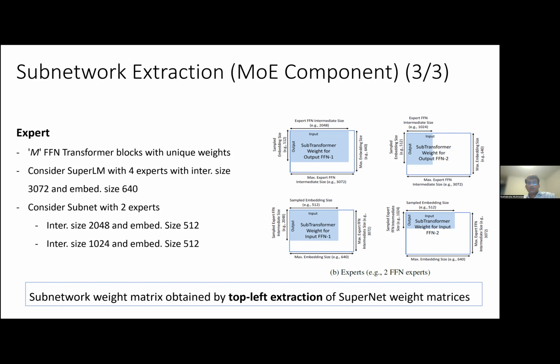And remember, whenever we are doing this matrix extraction, it assumes that there is a certain routing policy involved, which chooses these experts. And as I earlier mentioned, we are employing the switch transformer routing policy in this case, which is top one expert activation. Let me know if you have any question on how we extract subnetworks from the super network.